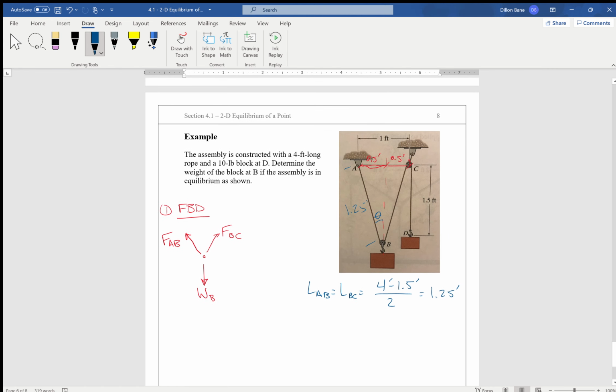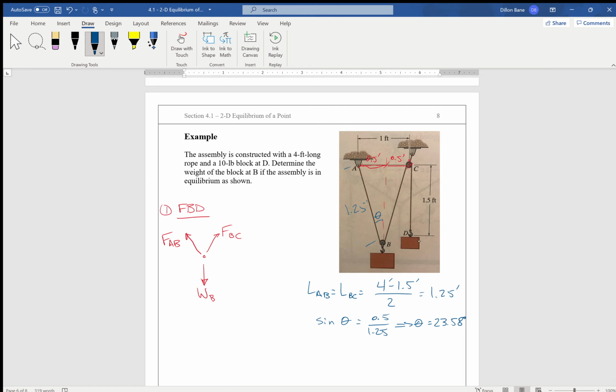And so what we find is that sine of theta is equal to 0.5 over 1.25, and that comes out then that theta is equal to 23.58 degrees in the equilibrium position.